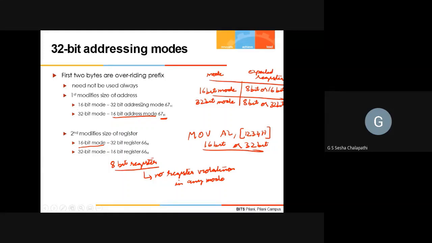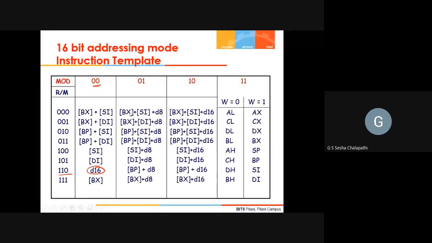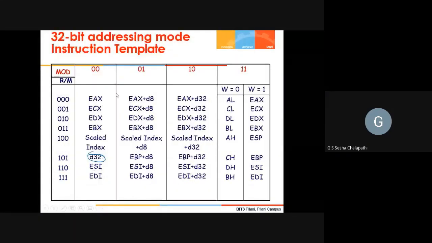What do you mean by using a 32-bit addressing mode? Basically, I'm using this particular template, which has EAX plus D32, ECX plus D32, and things like this. If you're using this template, which is called a 32-bit addressing mode template, in 16-bit mode of operation, there is an address override.